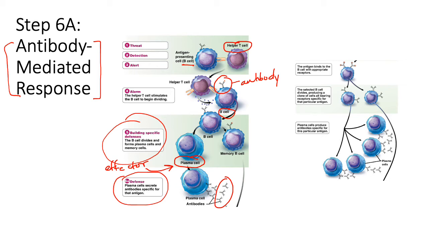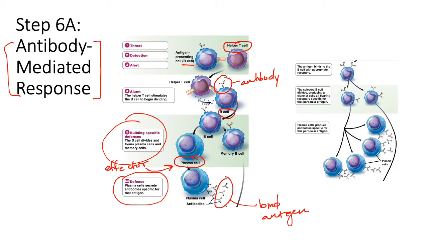And that particular antibody can then go on to bind to our antigen. Basically, they put our antigen in jail and hold on to it until something can come and destroy it.